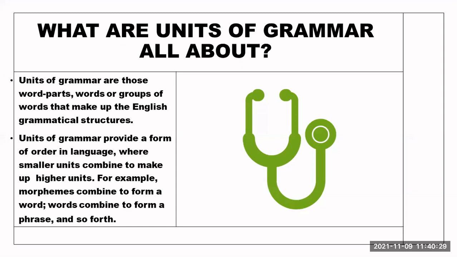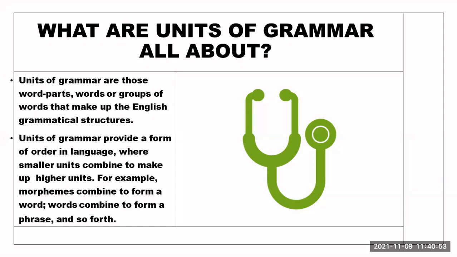So that is exactly the way it is. Units of grammar are all about those word parts, those words or those groups of words that make up the English grammatical structures.